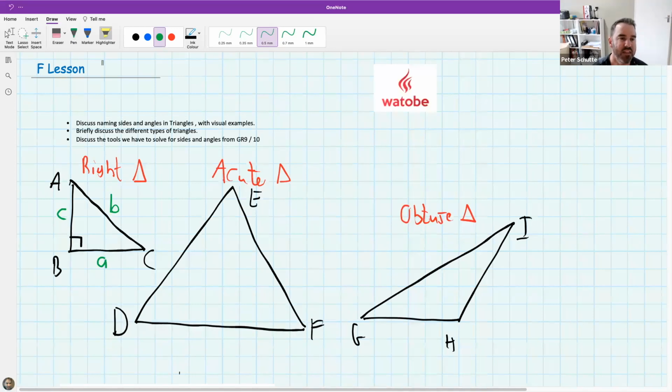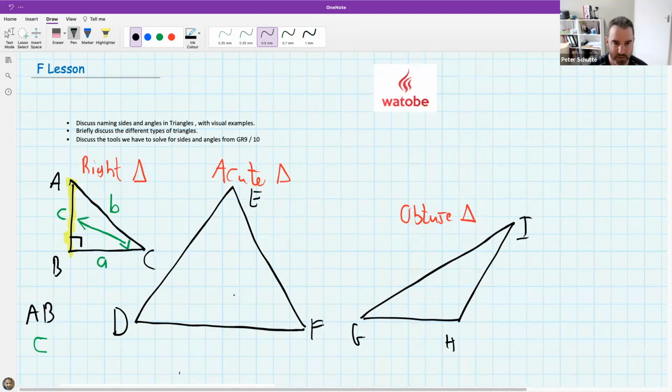In this triangle, we could call this side with capital letters AB, which means the side going from vertex A to vertex B, but we can also call that side little c. The reason we like using little c is that it's quicker, and it also shows us the relationship between an angle and the side opposite that angle.